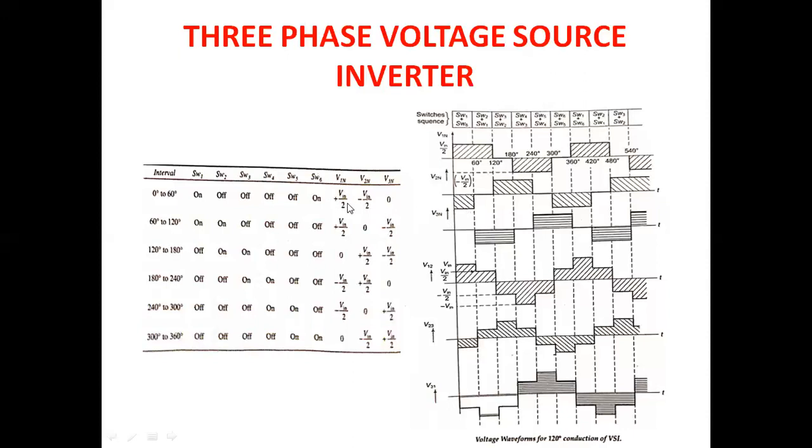So what is V12? V12 means V1N minus V2N, that is Vin by 2 minus minus Vin by 2, which is Vin. So for the 60 degree interval, the value is Vin.